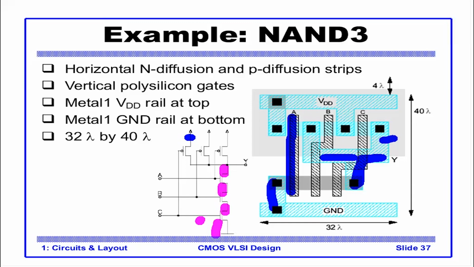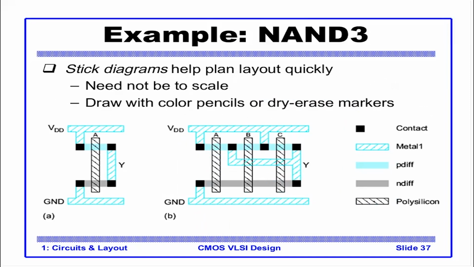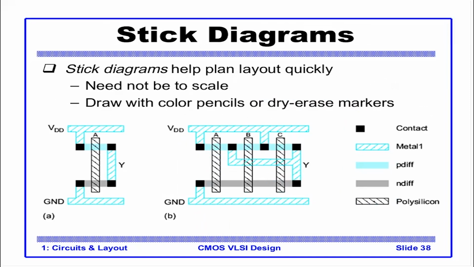So I hope everybody now can read and understand a basic layout. Stick diagrams are a very popular way to help plan layout quickly. Since they are an abstract representation, they need not be to scale. Obviously, to show different kinds of layers, different metal layers, polysilicon, you would need color pencils or different kinds of crayons to draw this layout.